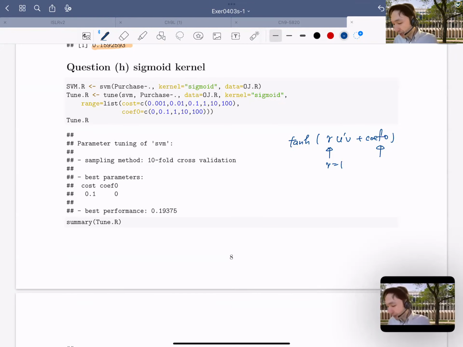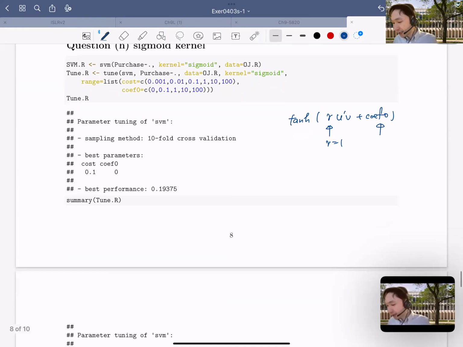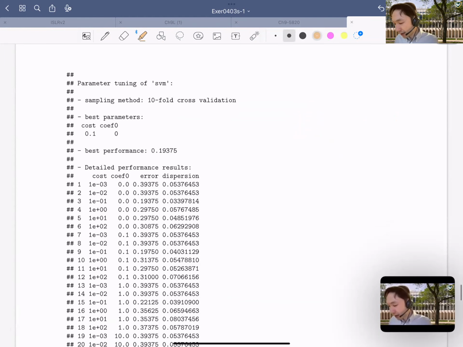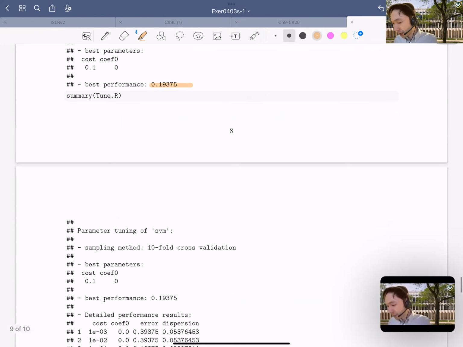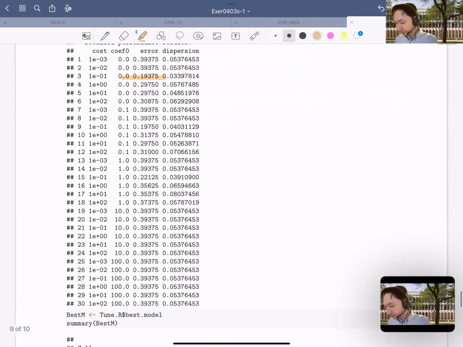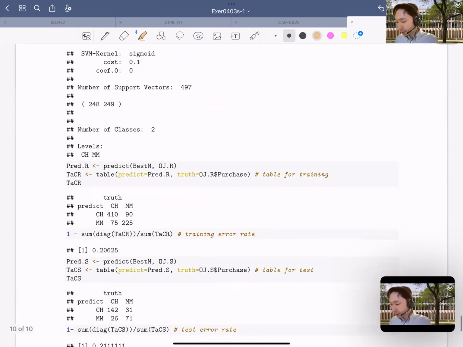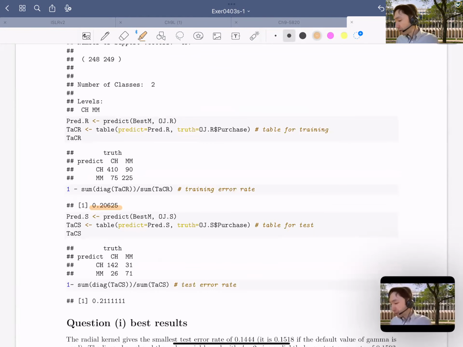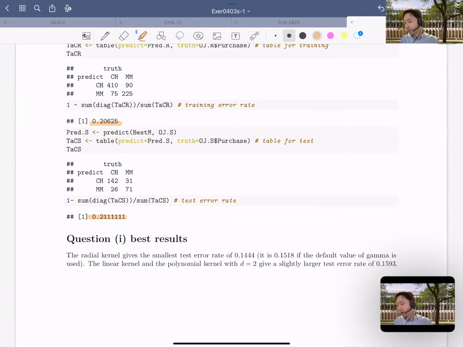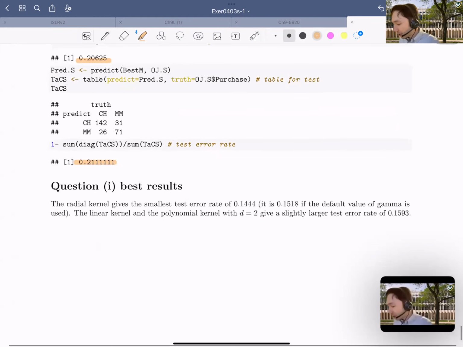We tried this, but it does not work well. The best cross-validated error is 0.19375 with cost equal to 0.1 and coef 0 equal to 0. The training performance is 0.206 and the test performance is 0.211.